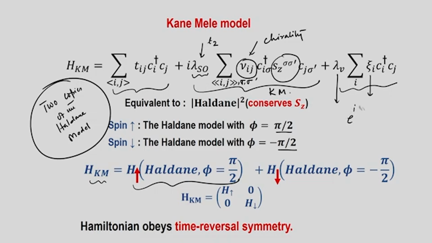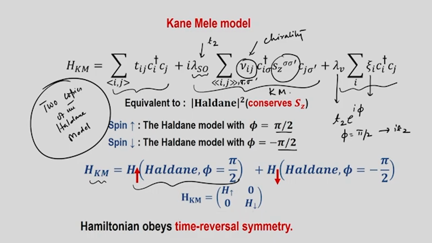It is called a Haldane flux, but this is the term that comes with the T2 term. So, if phi equal to pi by 2, then it becomes equal to iT2 or minus iT2. So, in the absence of any Rashba kind of spin orbit coupling term, the Kane-Mele Hamiltonian looks like the H up and H down and so on.